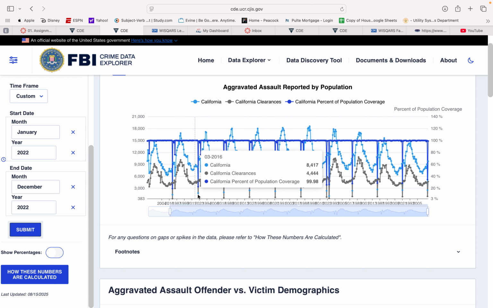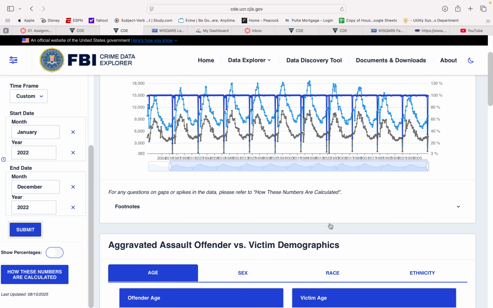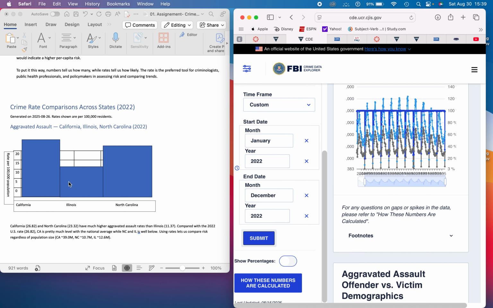February, you got March, and then you add all that up, and that's how you get the numbers. Let me make this one smaller, so I can go back to the chart. And as you can see, if you go for Illinois, it's going to be the same. Illinois has the lowest, and North Carolina has the second highest.